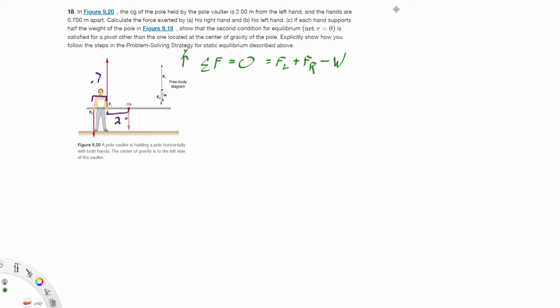Yeah, if it's moving and accelerating, then the sum of forces is not 0; it's ma.